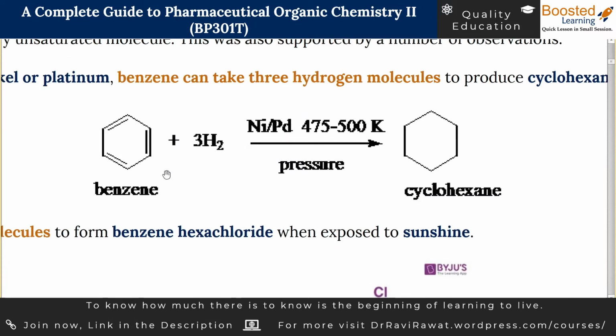Here you can see that benzene is heated in a hydrogen atmosphere in the presence of a catalyst like nickel or palladium, and this is being done at high temperature and pressure. So the benzene gets converted to cyclohexane. Hydrogen gas is actually getting consumed. That means benzene must have double bonds and a lot of them. Only then this much amount of hydrogen is getting consumed.